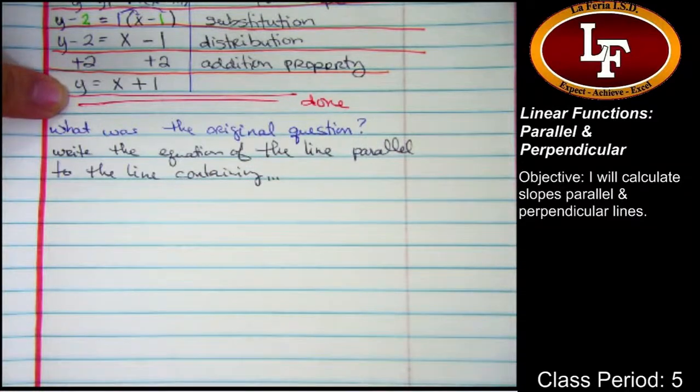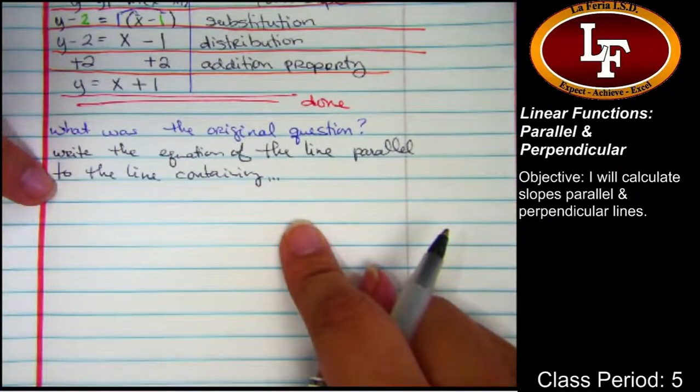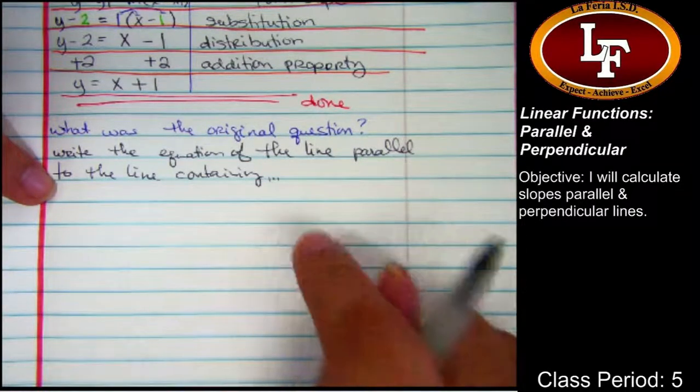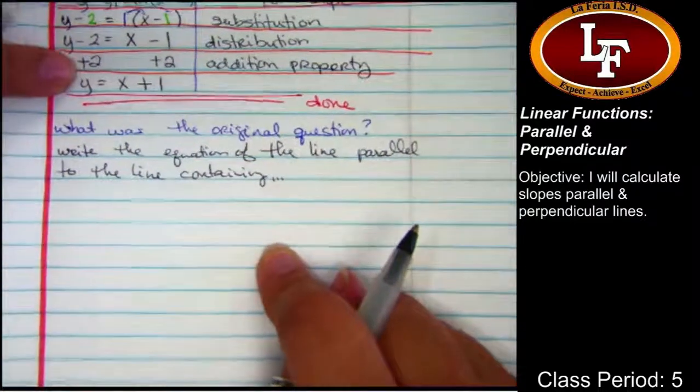Yeah, it's the slope-intercept form of the line that will contain these two points. Is it the answer to the question that we were asked? No. They want the equation of a line that's parallel to this line.